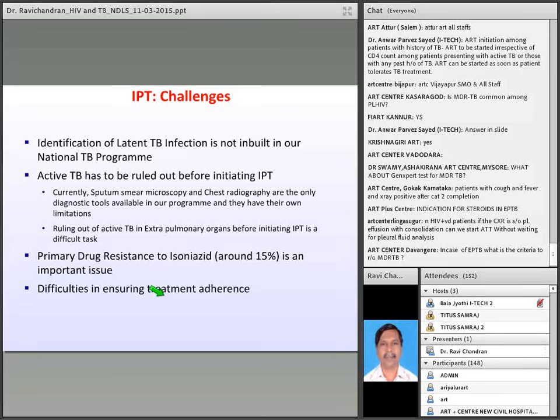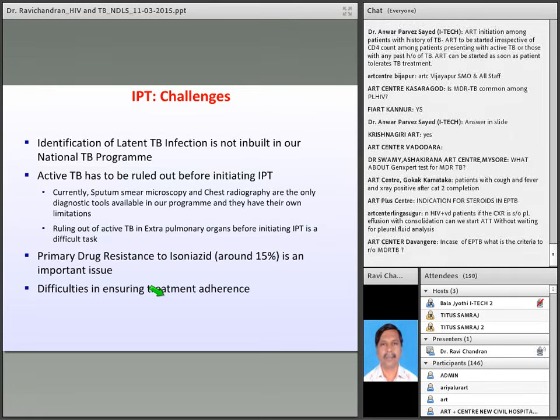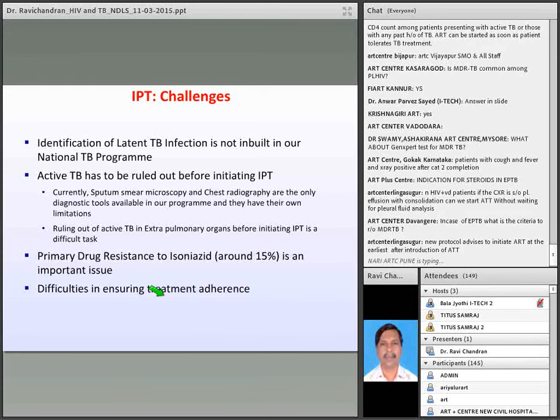Ruling out active TB in extrapulmonary organs before initiating INH prophylaxis is a very difficult task. Primary drug resistance to isoniazid is an important issue. Ensuring treatment adherence is also difficult.